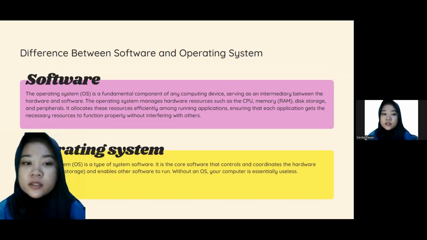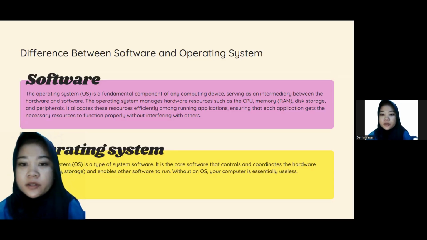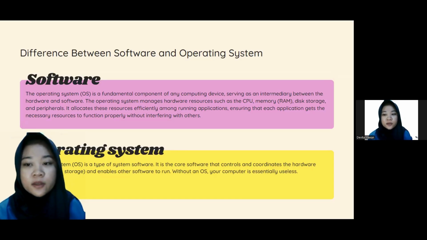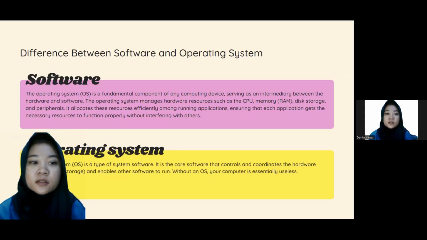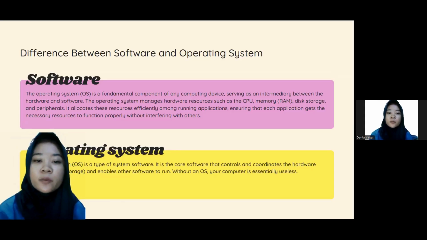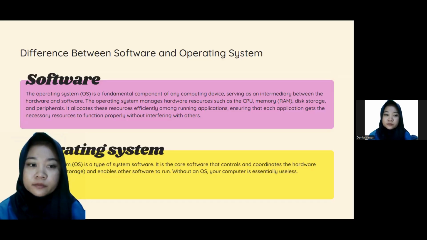It allocates these resources efficiently among running applications, ensuring that each application gets the necessary resources to function properly without interfering with others.